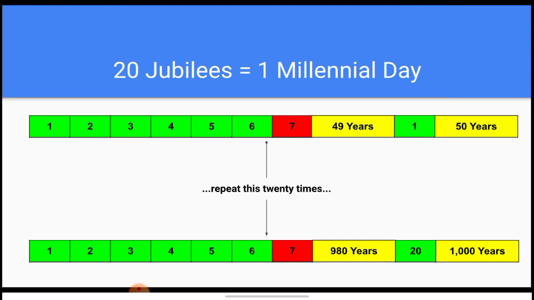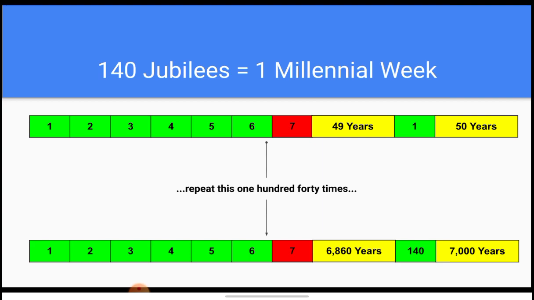Okay, so one millennial day is equal to 20 Jubilees, or 1,000 years. Now, a millennial week is equivalent to 140 Jubilees, and again, you calculate one Jubilee and then you repeat that 140 times. That'll give you 7,000 years.